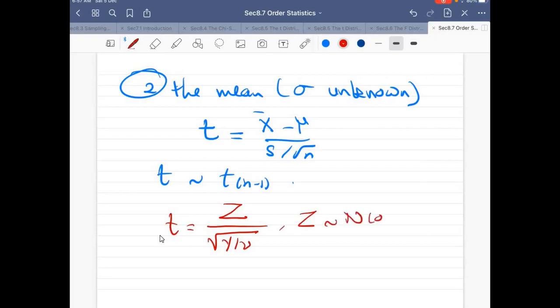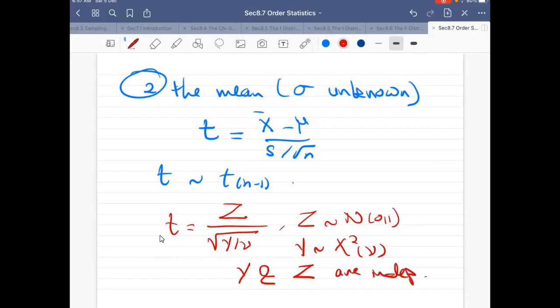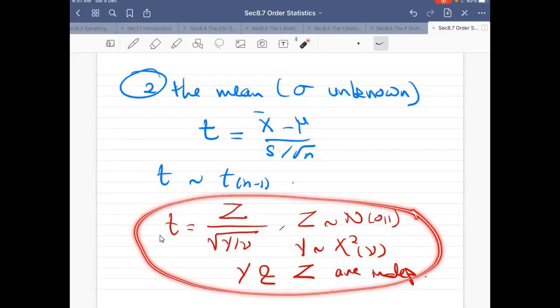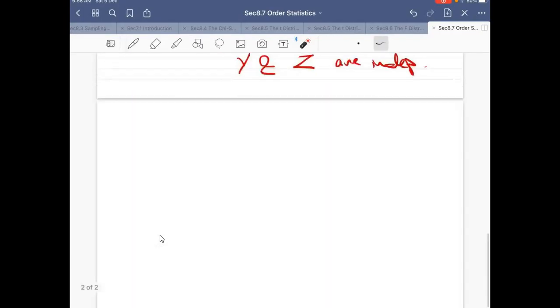Z we assume is normal 0, 1, and Y is a chi-squared with nu degrees of freedom. Y and Z are independent. The main application of this theorem is the sampling distribution of the mean in case sigma is unknown.